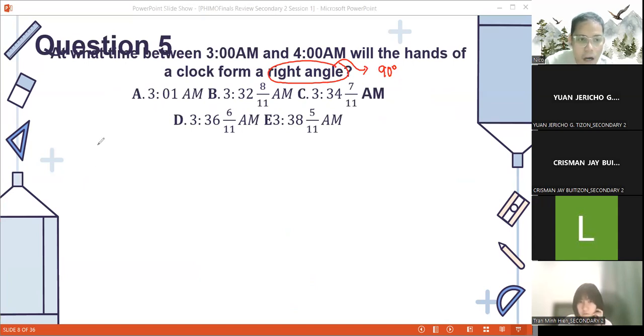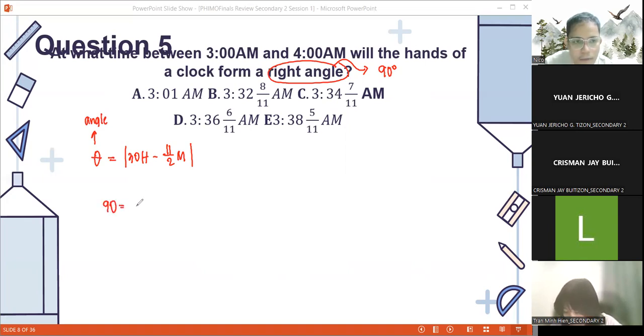So we have our clock angle formula, which is theta is equal to the absolute value of 30h minus 5.5m, or in sum, they use 11 over 2 m. In here, this one is your angle, and the angle that we have is 90 degrees.